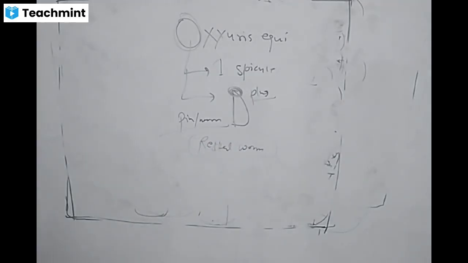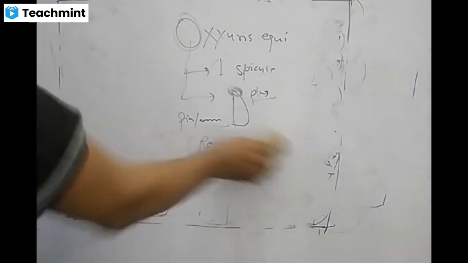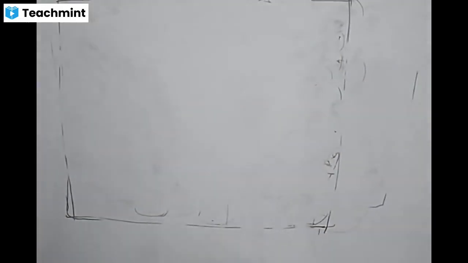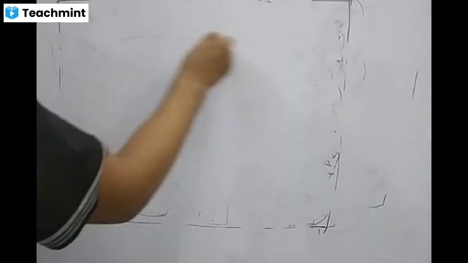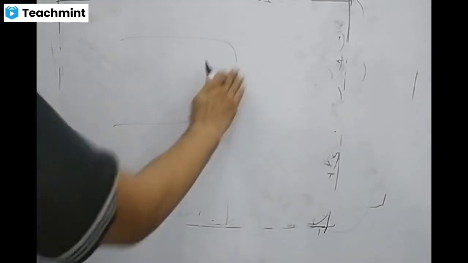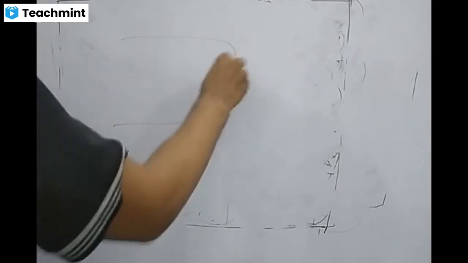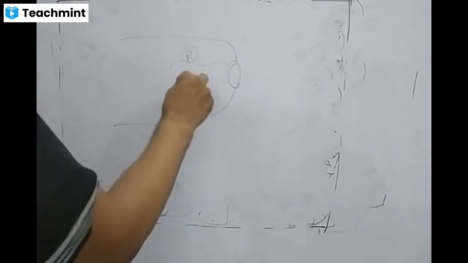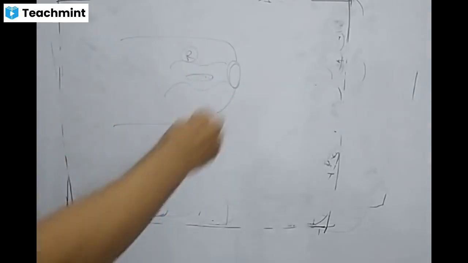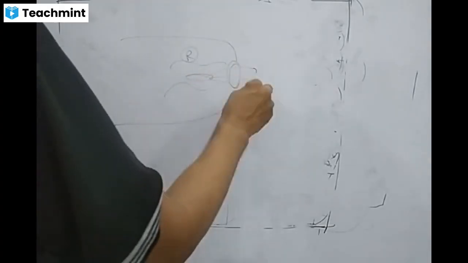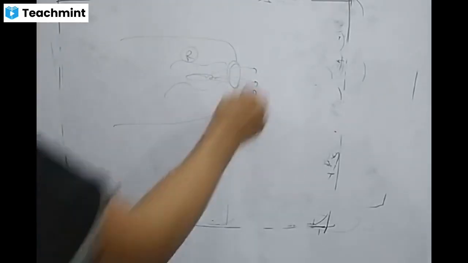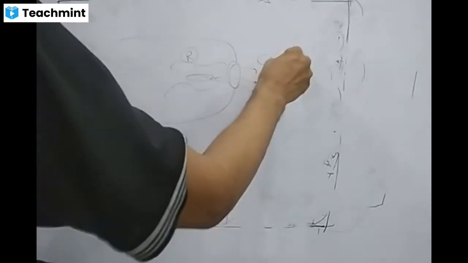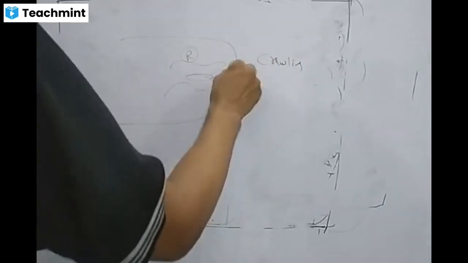So what is more important for this Oxyuris equi is, suppose this is the anal area, this is the anus area, and this is your rectum, this is your worm. When it moves, the female worm comes out by crawling.